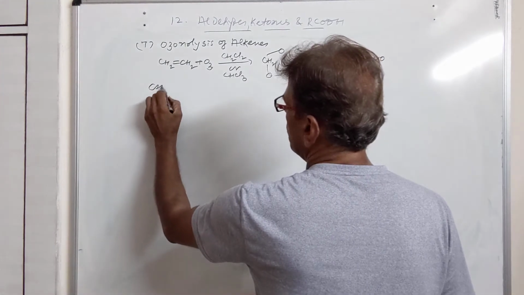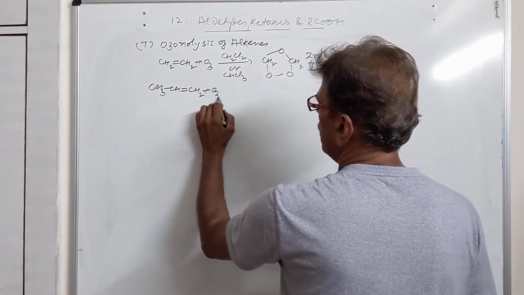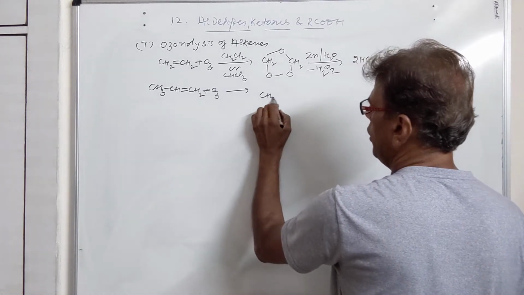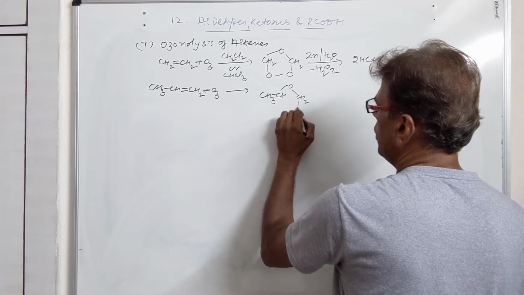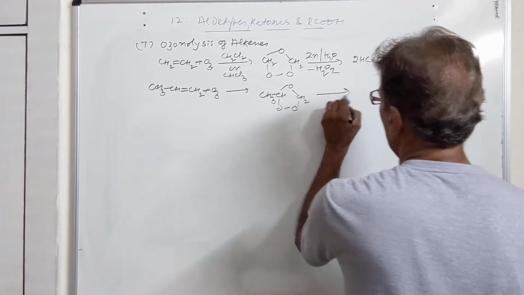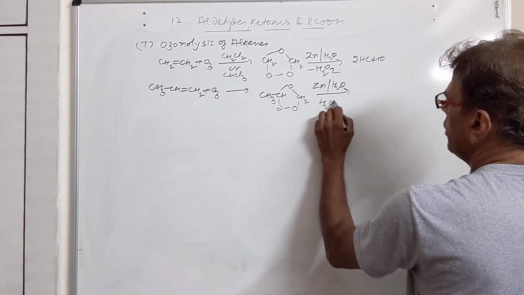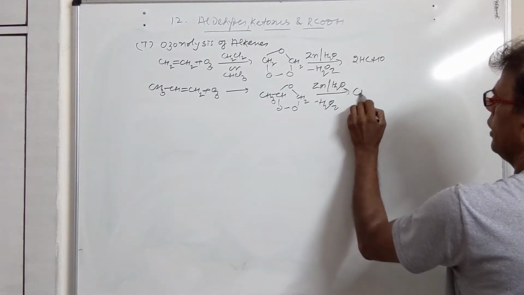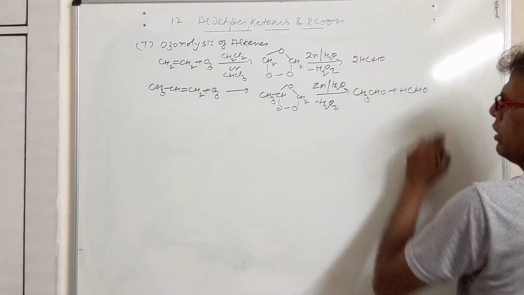If we are taking propene rather, it will be treated with ozone. Similarly, the molecule is broken at the double bond. Then it is treated with zinc and water. We get loss of H2O2. We get CH3CHO plus HCHO, formaldehyde.